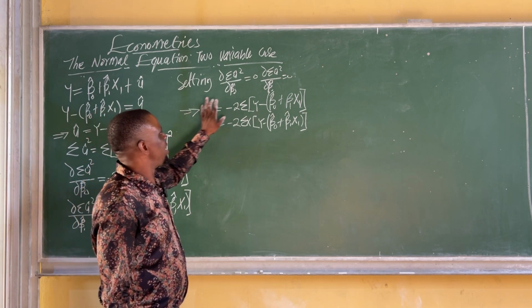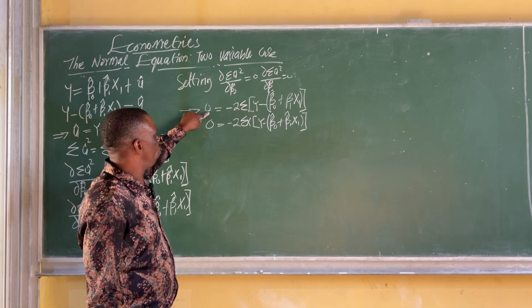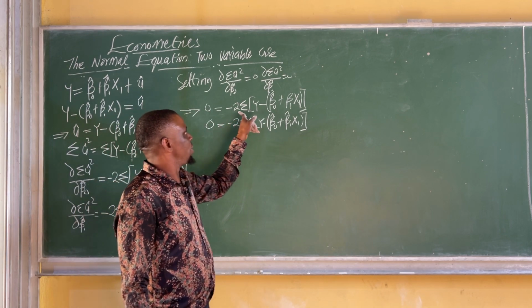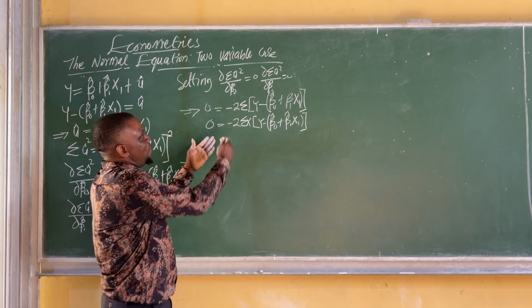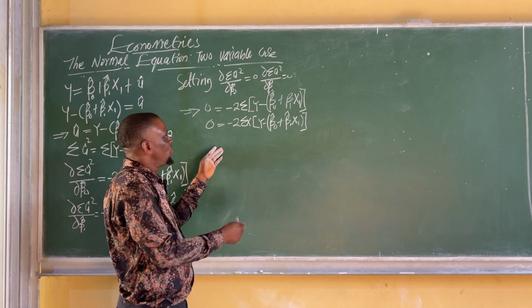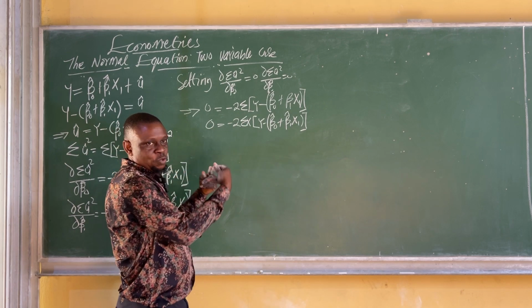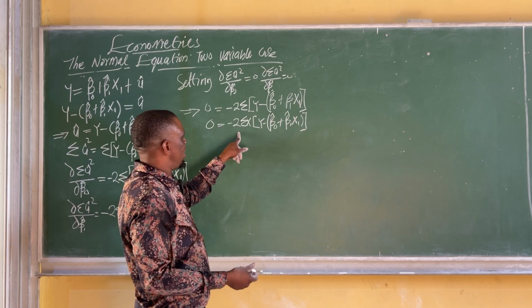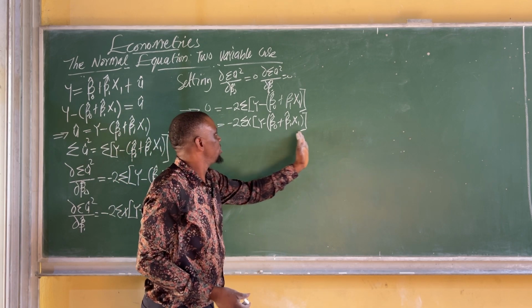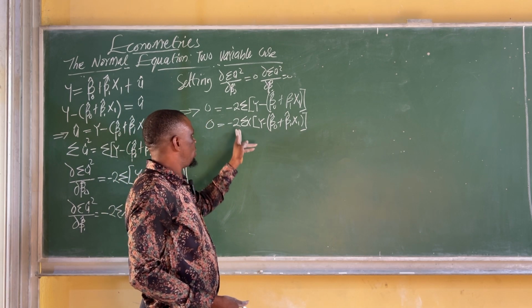So, if we divide through by minus 2, then here we have 0 over minus 2 and the whole of this over minus 2. Minus 2 will cancel this minus 2. The same thing is applicable to the second model. 0 over minus 2 will still be 0, and the minus 2 will cancel it.